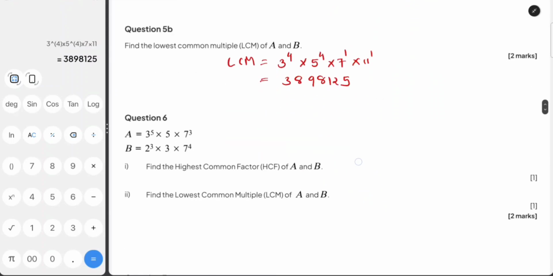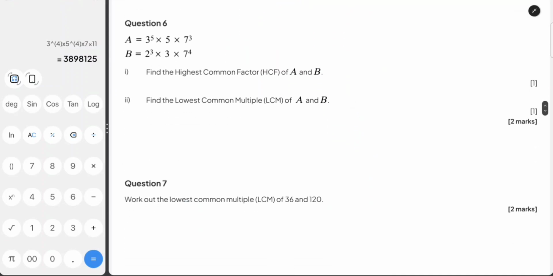See the sixth question, same kind of HCF and LCM. Let's take HCF first. So in HCF, let me just rewrite this as 2 raised to 0, 3 raised to 5, 5 raised to 1 and 7 raised to 0.